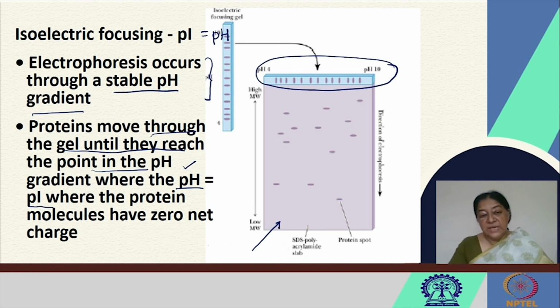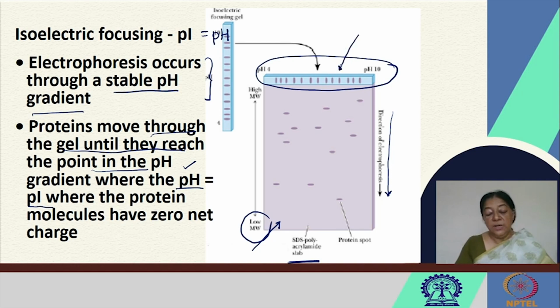Our proteins will move depending upon their size in the SDS polyacrylamide gel, and according to their charge along the isoelectric focusing gel. The movement will continue, and we will have a spot where the movement stops because the pH is equal to the pI of the protein.